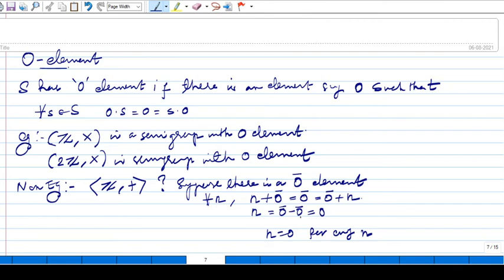That's absurd. If you take 7 is 0, 8 is 0. So that is a contradiction. That is, it contains no 0 element.